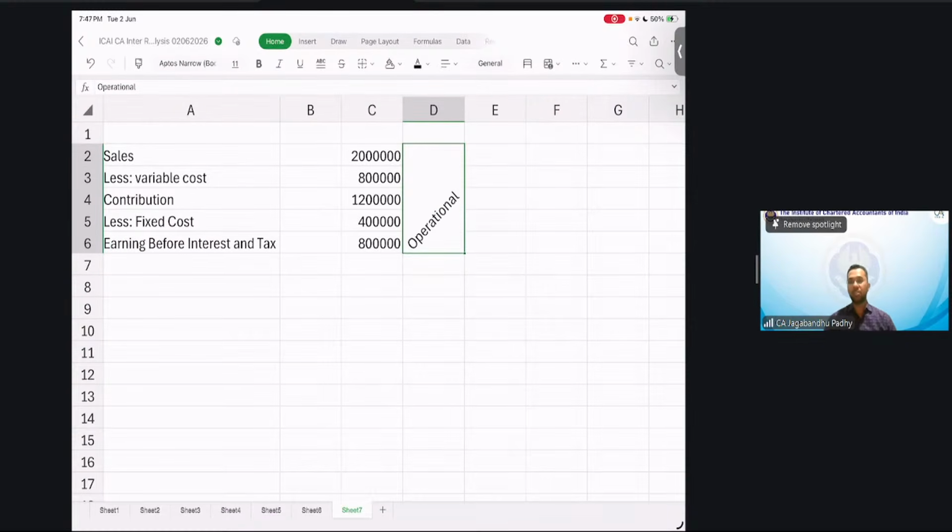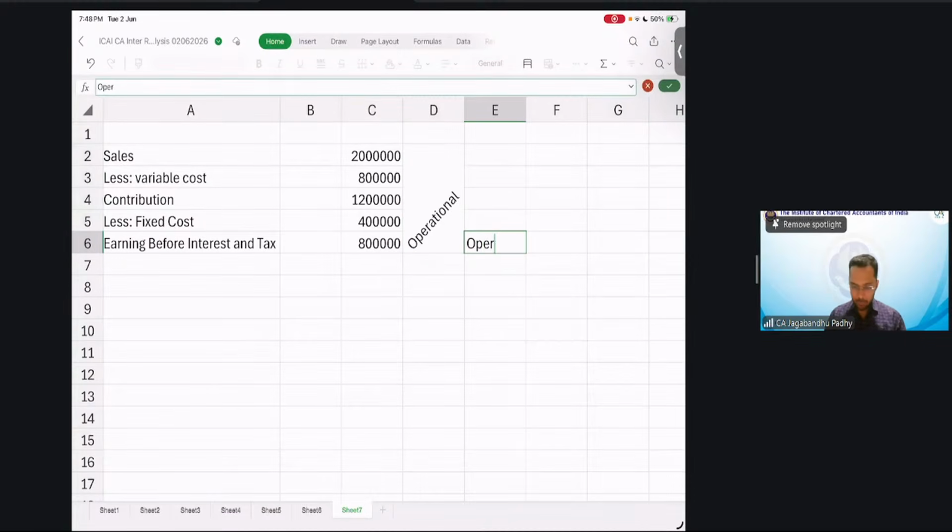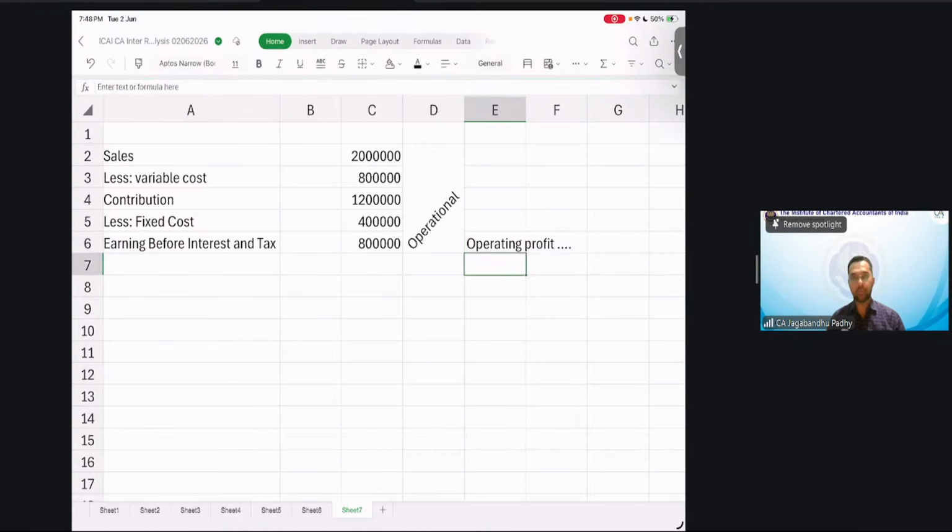So this is your operational income statement, in which we are including all your operating income and subtracting all your operating expenses. So this particular 8 lakh is your operating profit. And operating profit is going to be something else also, we'll discuss that later. So that's your operating profit, 8 lakh.